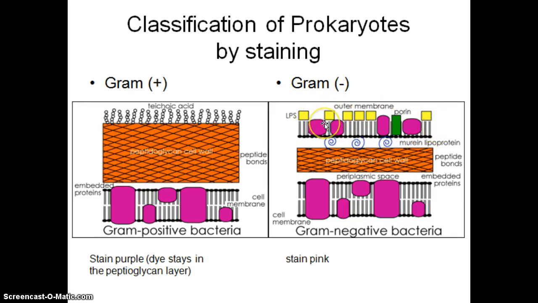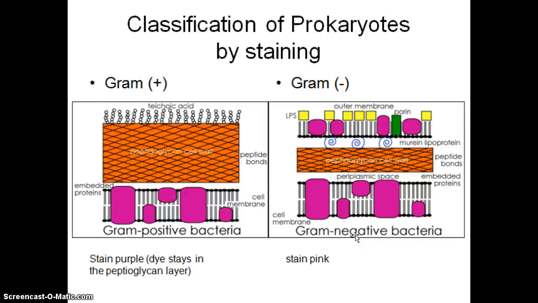This extra layer tends to be made out of more lipids, and you can see here it's this lipoprotein layer, and this layer actually is a protective layer for the bacteria, and it's very, very difficult to treat gram-negative bacteria if we were to be infected by them. So people tend to get more sick with gram-negative bugs, and they also require different antibiotics in order to treat them, and so the antibiotics tend to be pretty strong as well. These, if we were to stain, come out pink.